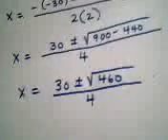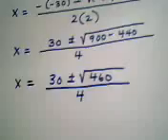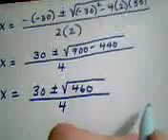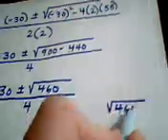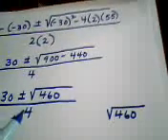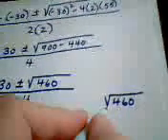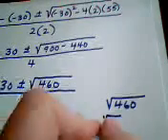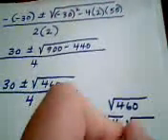Now, let's work with that, okay? Let's kind of go off to the side here for a minute. The square root of 460 can be broken apart as the square root of 4 times the square root of 115.